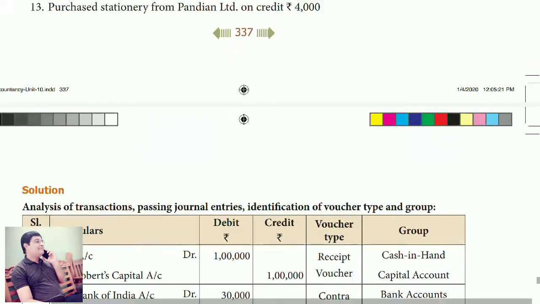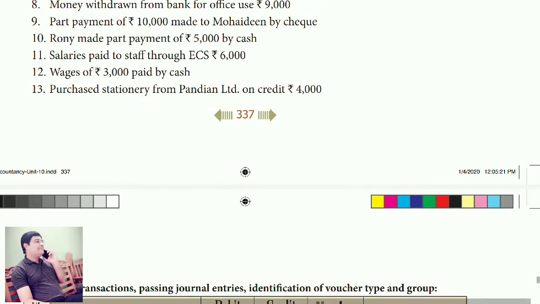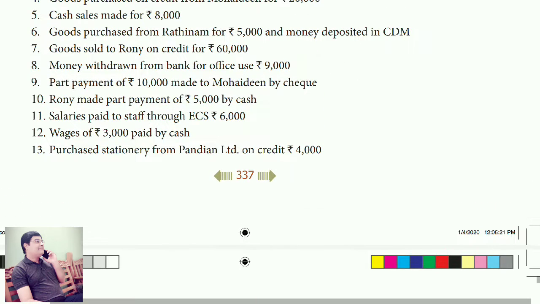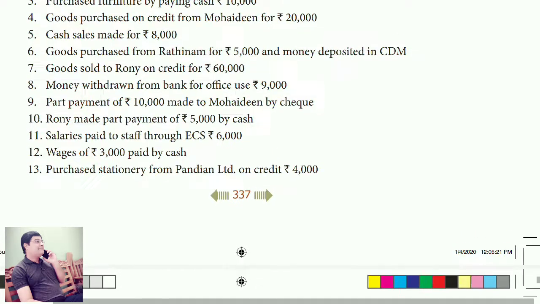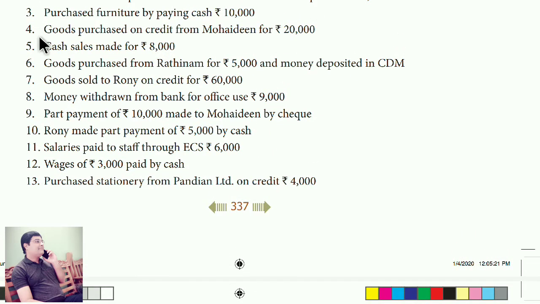Next, 9th question. Part payment of rupees 10,000 made to Mohiddin by cheque. Part payment, so you make the payment. For what? On date 4, you purchased 20,000 rupees of goods. Now on date 9, you made the part payment of rupees 10,000 by cheque. So the amount goes from where?